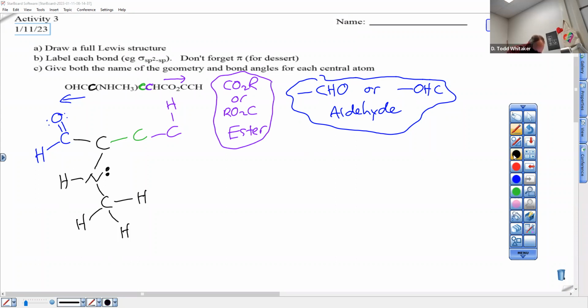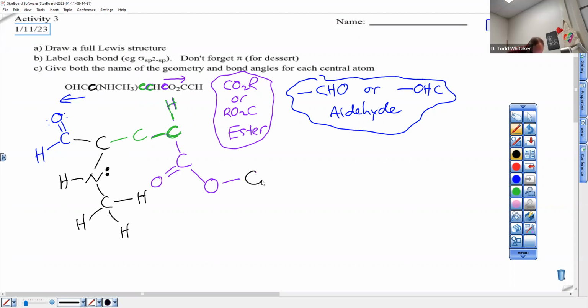I went purple. I'll go green. 2 greens. Why not? Purple's here. I did all the writing for the ester in purple. Carbonyl, O, and then the C.